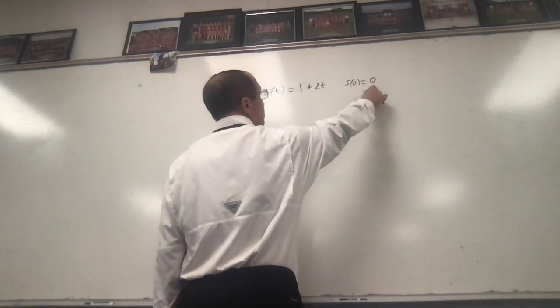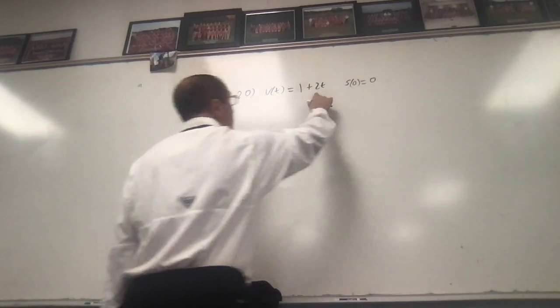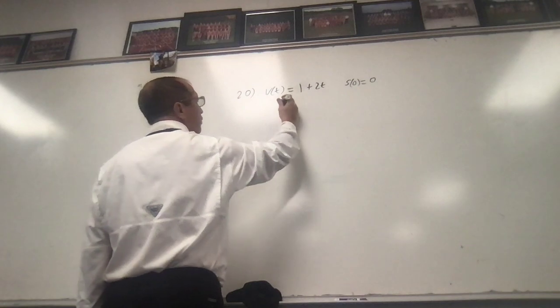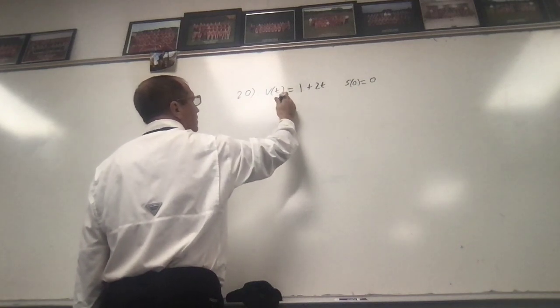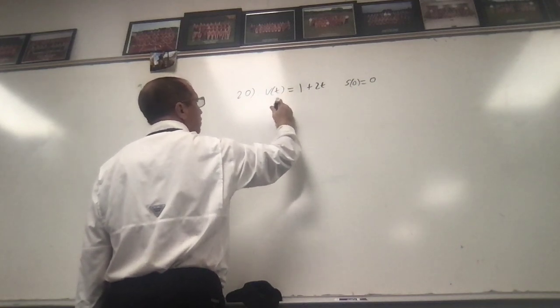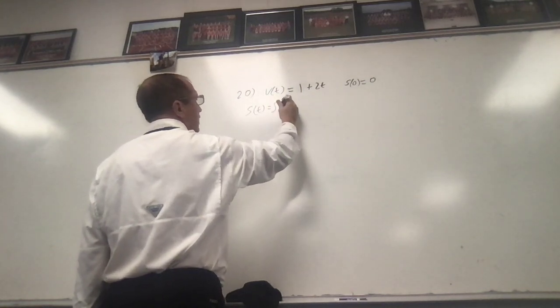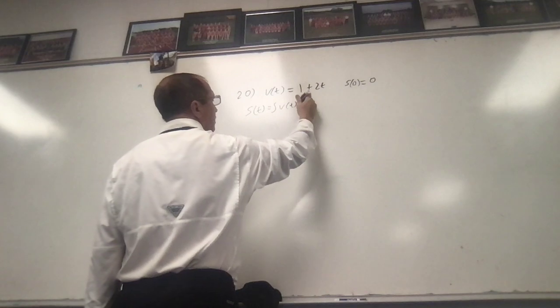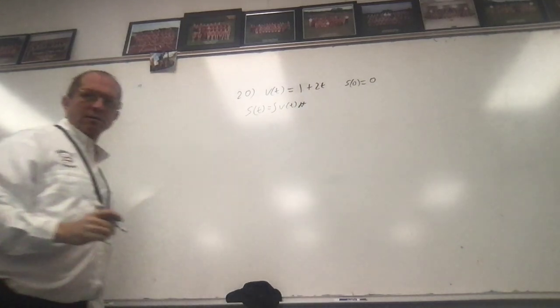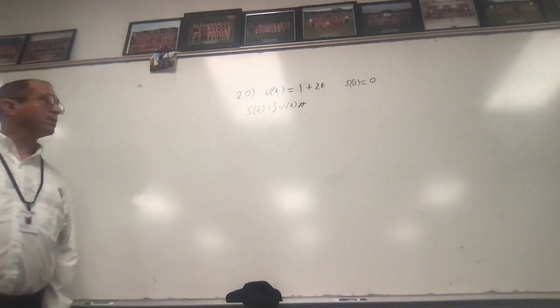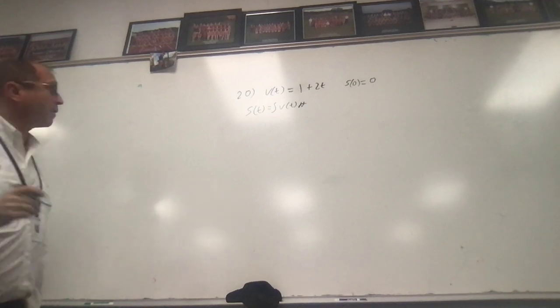So s of 0 is 0. v of t is 1 plus 2t. So what we want to do here is say, I know that s of t is the antiderivative of v of t. Are y'all with me? All right.